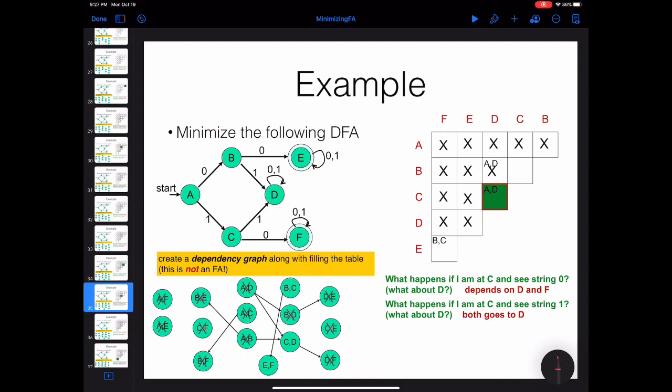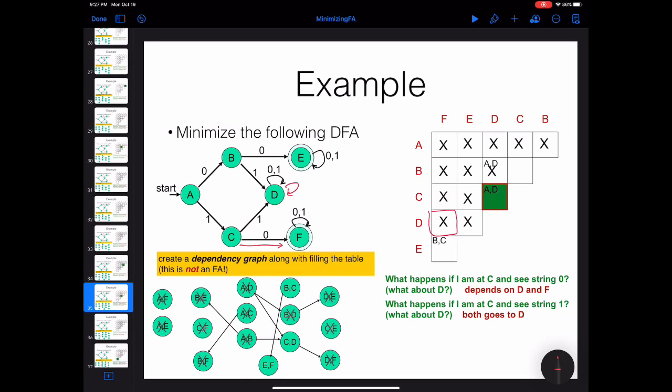Okay, for this pair, for C, over the transition of 0, it goes to F. For D, over the transition of 0, it goes to itself. So far I know that the equivalency of C and D is going to depend on the equivalency of D and F. Do I know anything about this one from the table? Yes, I know that they are not going to be equivalent. They are marked as not equivalent already. So that's enough.